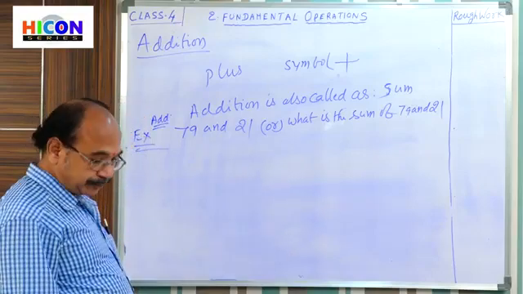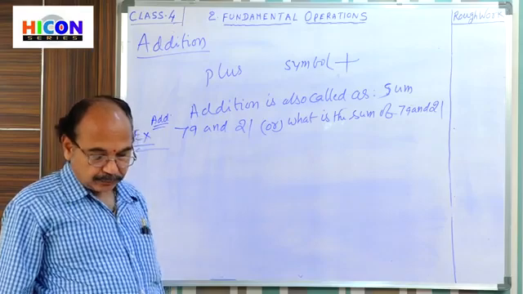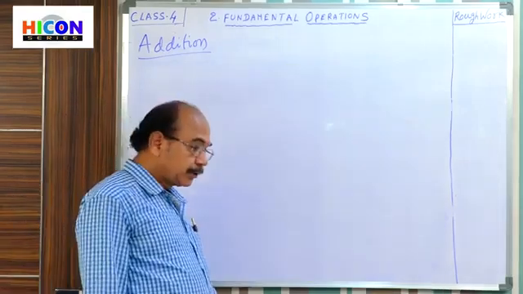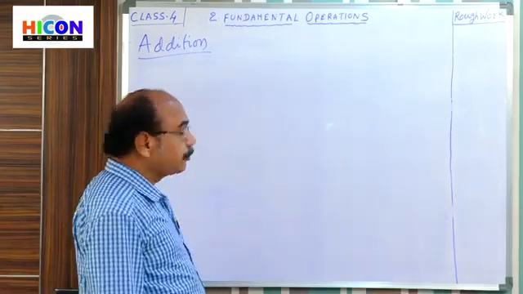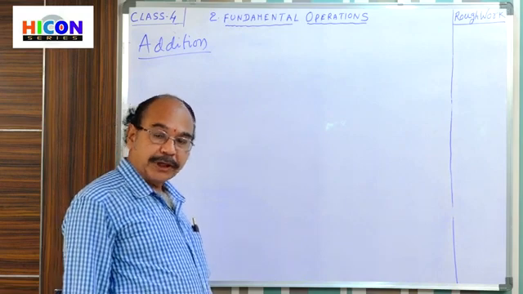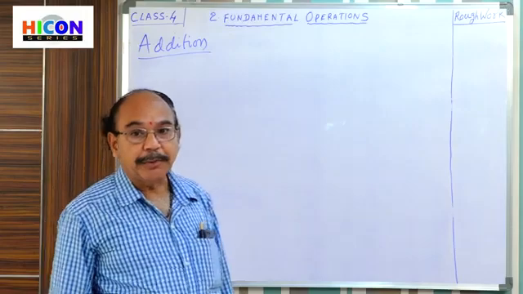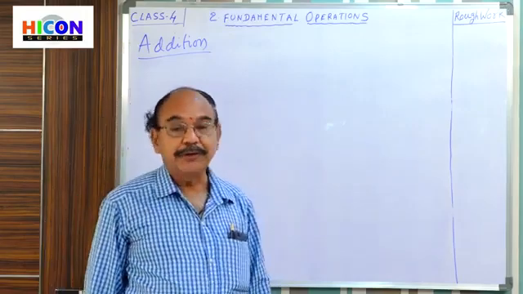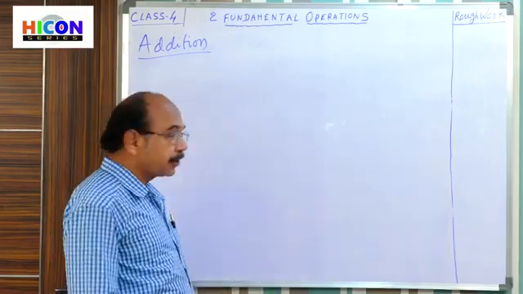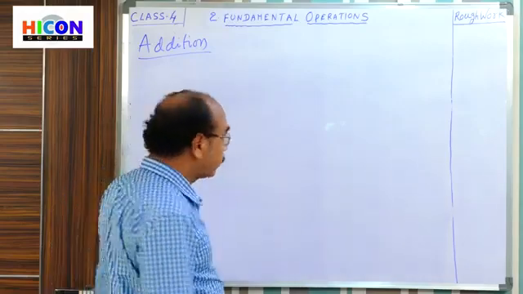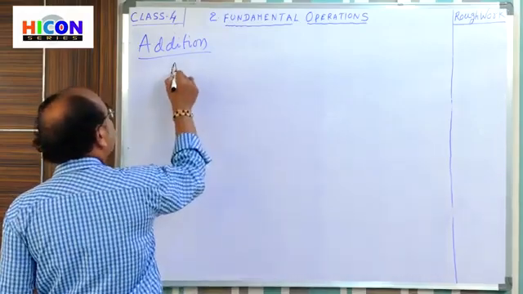Okay, children. Now let us study. See, children. Now we are going to study about the operations individually. First one is addition. Addition of 4-digit numbers.